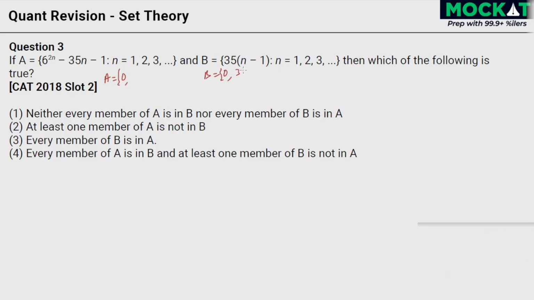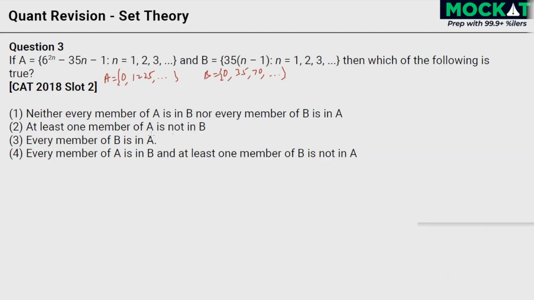Next, it is going to be 35 over here, 70 over here, and so on. And what about this? If you substitute a value of 2, that I know, which is 6 power 4, which is 1296. 1296 minus 70 minus 1. So 1296 minus 71 becomes 1225 and so on. Then it becomes very big.